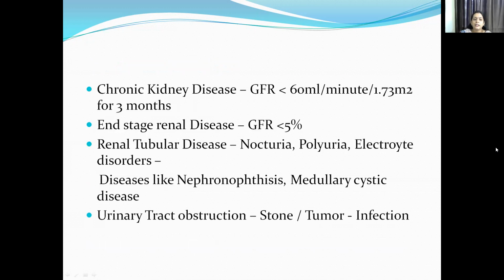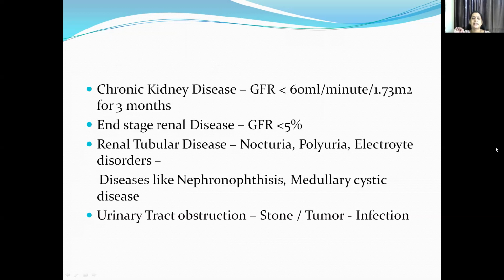The other important thing is chronic kidney disease. That is a glomerular filtration rate less than 60 ml per minute per 1.73 meter square, which is persistent for 3 months. Okay, any systemic primary glomerular injury or secondary glomerular injury or tubular injury can finally lead to the staging of chronic kidney disease, wherein there is glomerulopathy, and then you calculate the GFR.